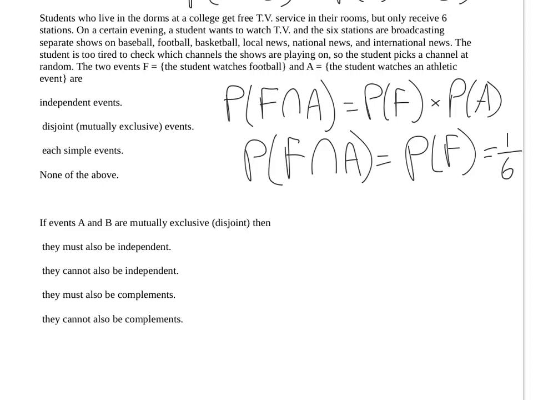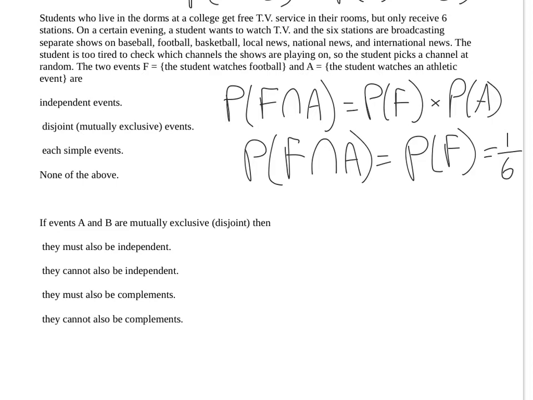You see what I mean there? So this is the golden rule for independence. And if you think about it logically, this is true in this case. Probability of watching football and an athletic event is just the probability of watching football. So therefore, can't be independent events. No, sir.